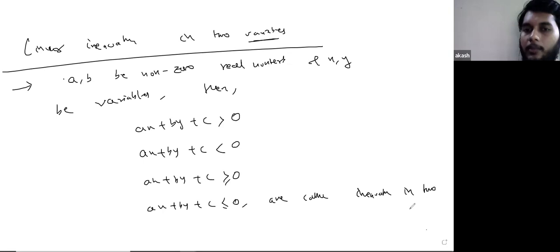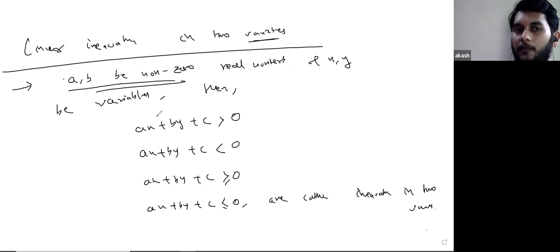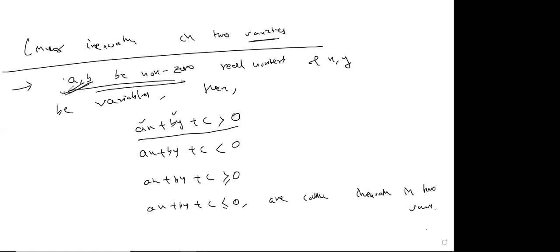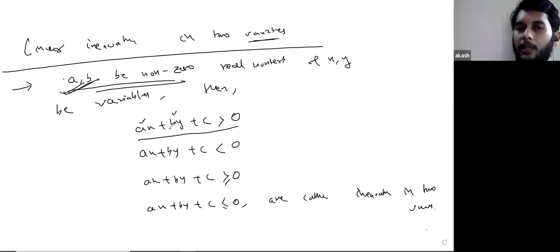in two variables. Why do we need this condition? Because if a or b becomes 0, then this inequation will become in one variable, right? Yes. That is why we need this condition. a and b cannot be equal to 0. c can be 0.